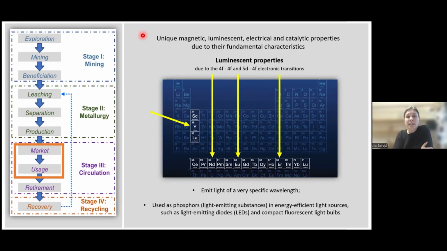And then luminescent properties. It is due to the 4f-4f and 5d-4f electronic transitions, and it concerns yttrium, neodymium, europium, and erbium, and they emit light of a very specific wavelength. Therefore, they can be used as phosphors in energy-efficient light sources.